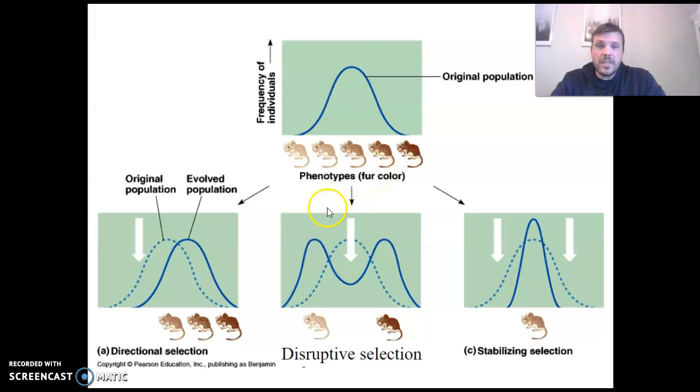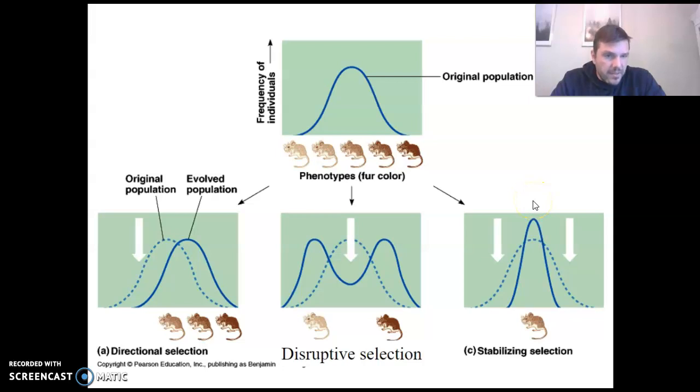Or perhaps they're living in a scenario where you've got two different types of cover, and two different phenotypes are selected for at the same time. We have a light phenotype and a darker phenotype. That's called disruptive selection. And then our final example would be if we have a widespread, uniform environment.